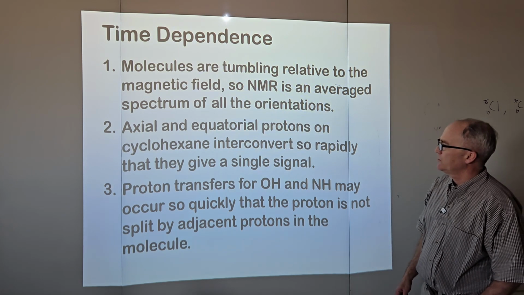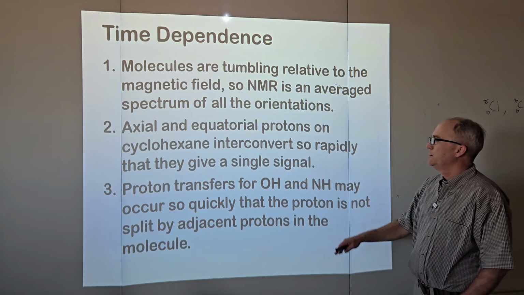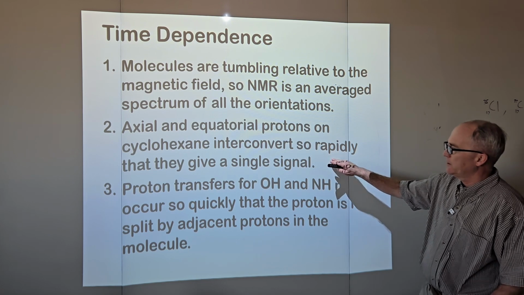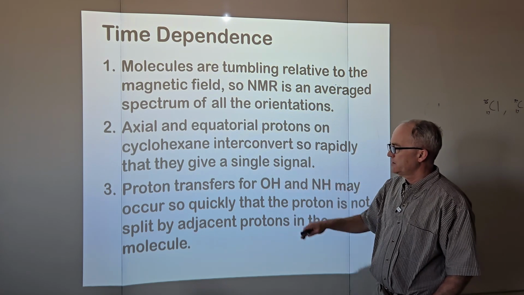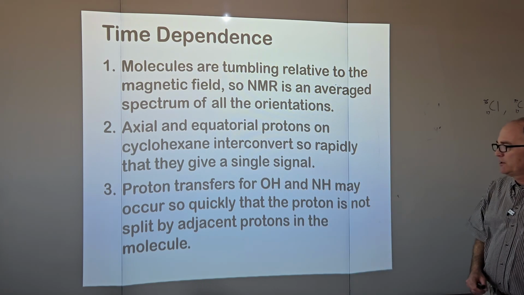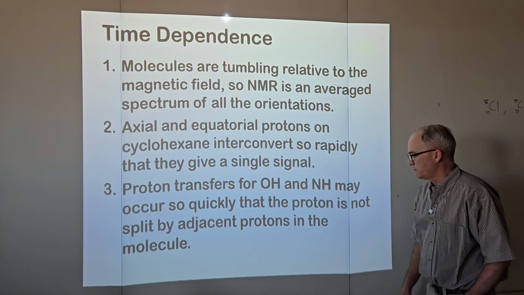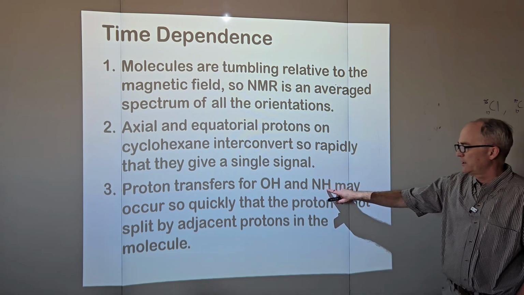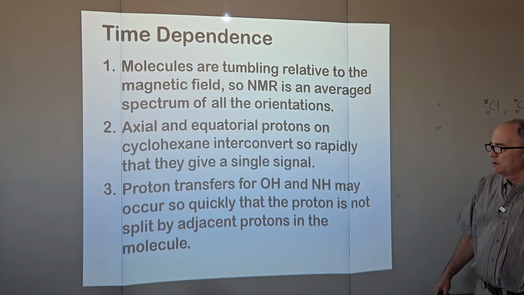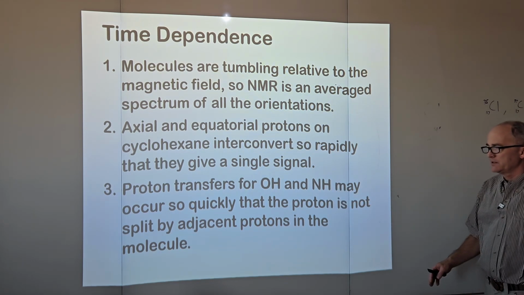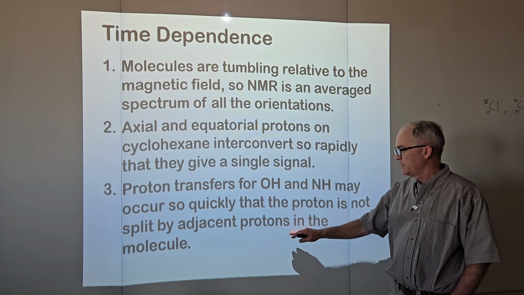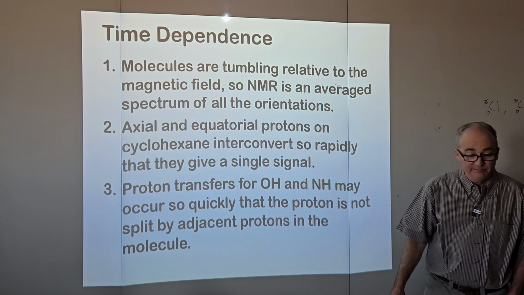Axial and equatorial protons on cyclohexane interconvert so rapidly that they give a single signal. Proton transfer for this hydrogen off of oxygen, because it's said to be acidic, or hydrogen on a nitrogen, occurs so quickly that the proton is not split by adjacent protons in the molecule.